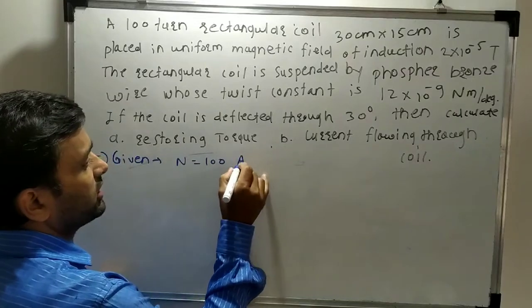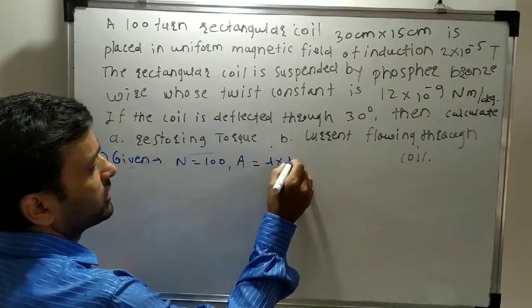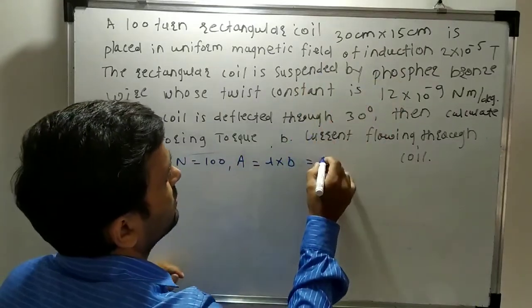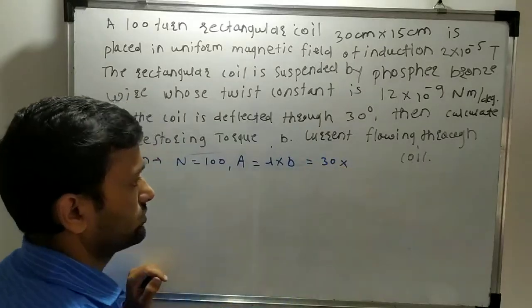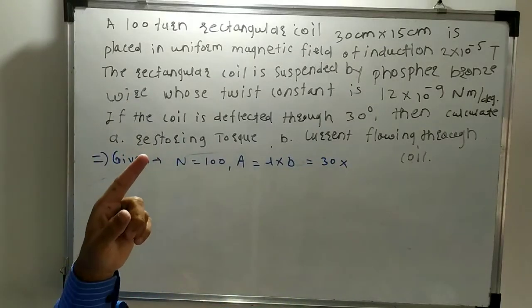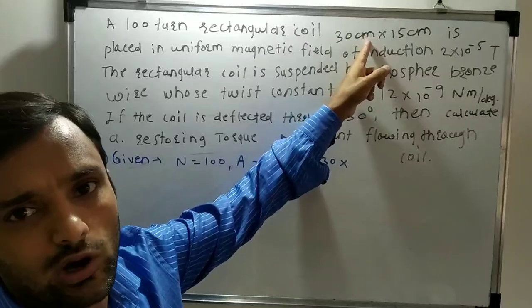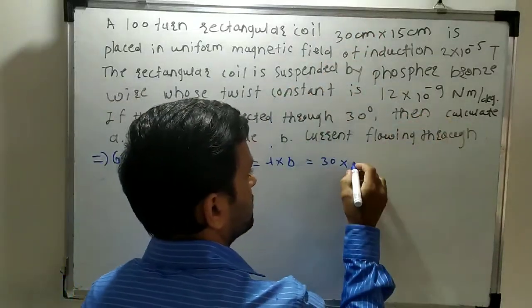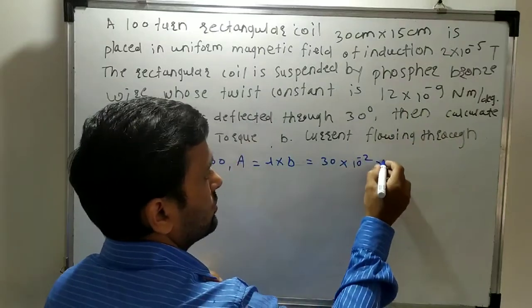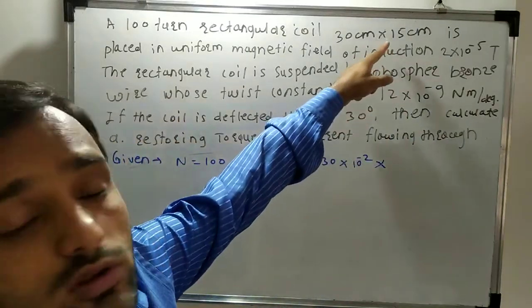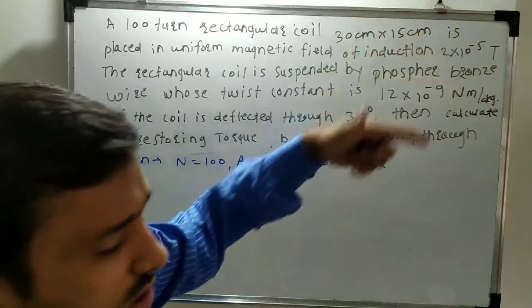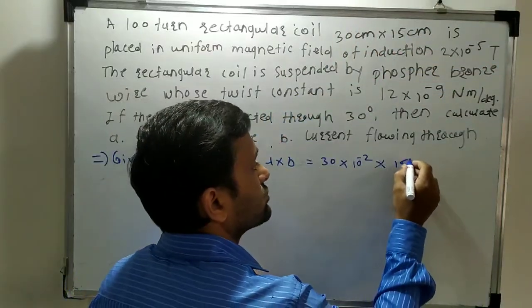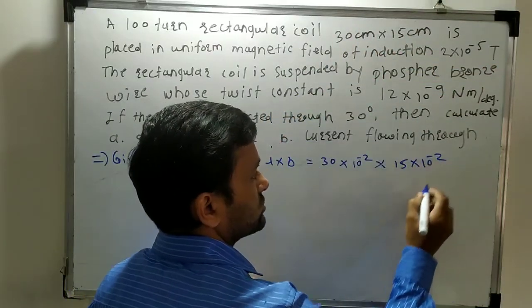So what will be the area? Length into breadth. So what is the value of length? 30 into, now the values are given in centimeter. How do you convert the centimeter into the meter? We can convert it as 10 raised to minus 2. And what is the value of breadth? 15 centimeter, again convert it into the meter, so 15 into 10 raised to minus 2.